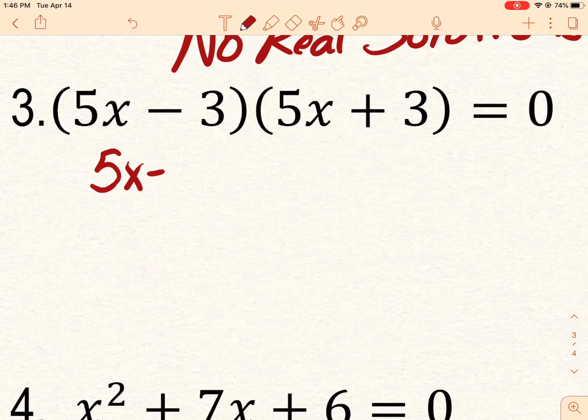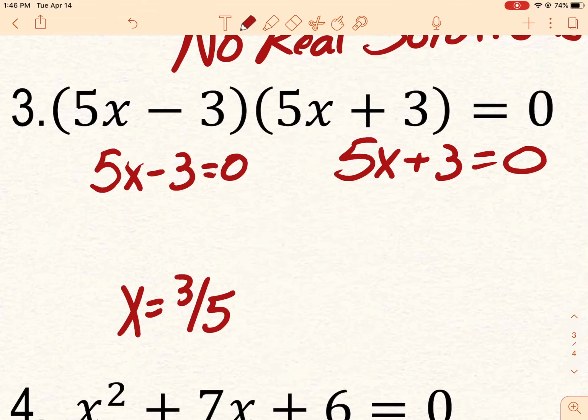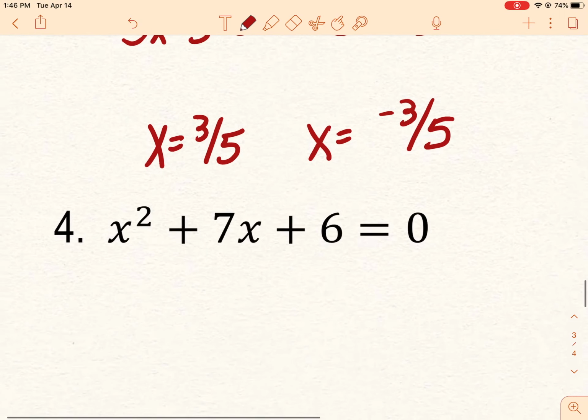So what you want to do is set each of these equal to 0 and solve like we had done on those earlier equations. You end up getting a final answer of x equals 3/5 and x equals negative 3/5. So make sure you try and complete that.